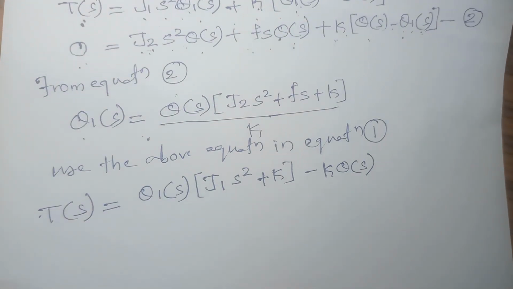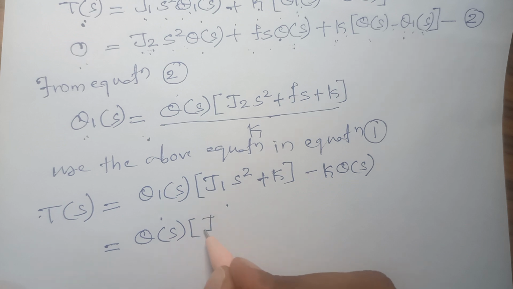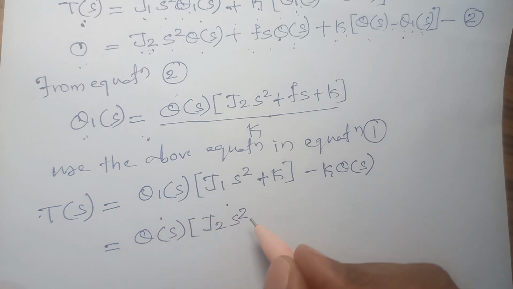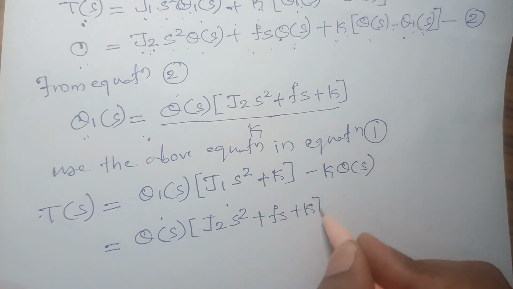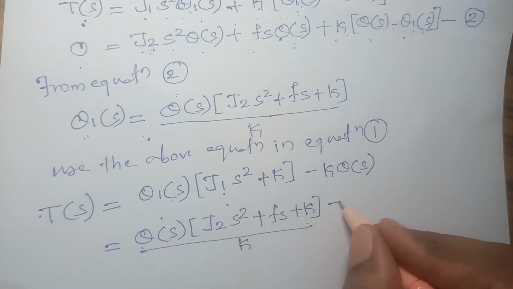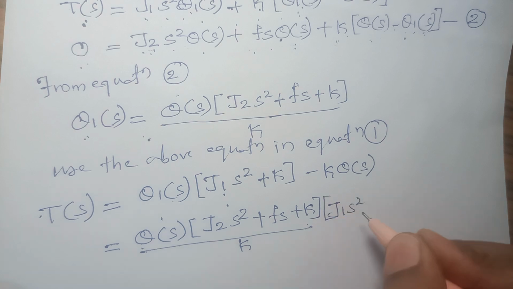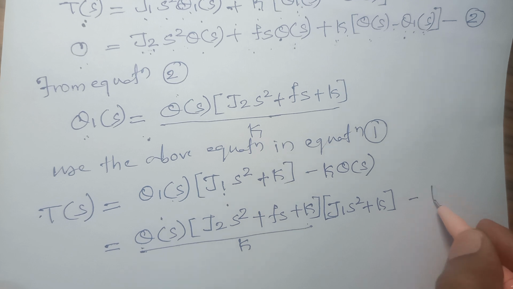Okay, we have rewritten this equation, and in this equation we'll substitute the value for theta 1 of s. What is theta 1 of s? It is theta of s into j2 s square plus fs plus k. So for that we have to place this whole divided by k into j1 s square plus k, minus k theta of s will be as it is.